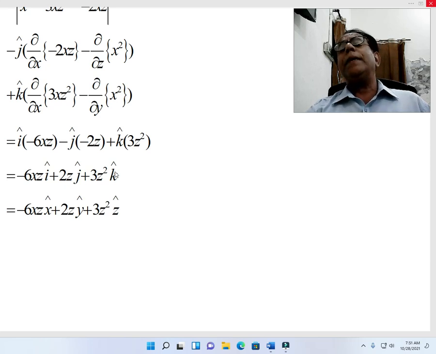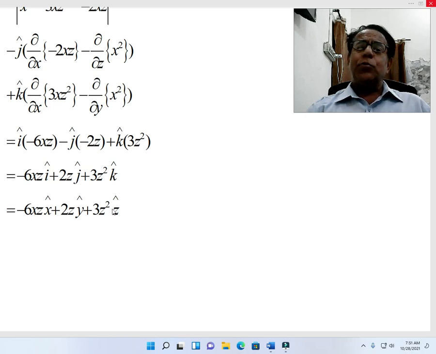Okay, but here, as per the pattern of this problem, instead of i, j, k, x unit vector, y unit vector and z unit vector have been used, so we have again replaced these unit vectors in terms of x, y, z.